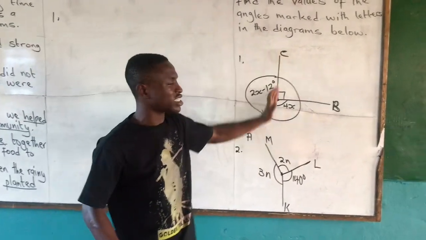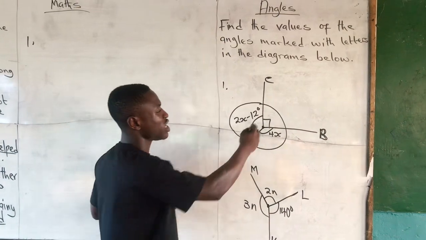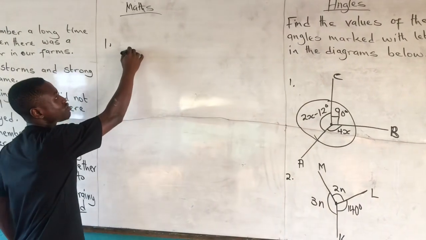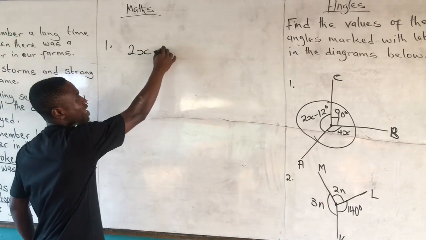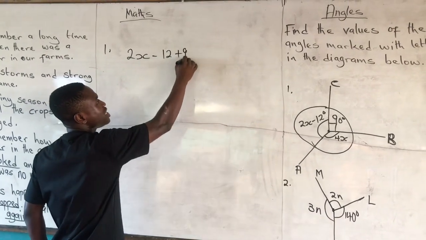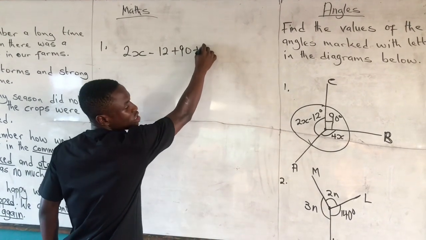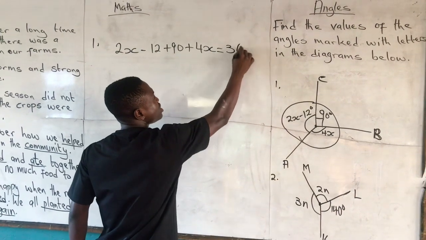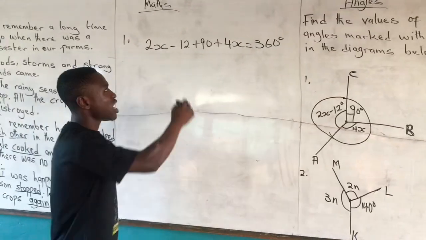Now don't forget, this is a right angle, so the value of this angle here is 90 degrees. So now we can say that 2x minus 12 plus 90 plus 4x is equal to 360 degrees.